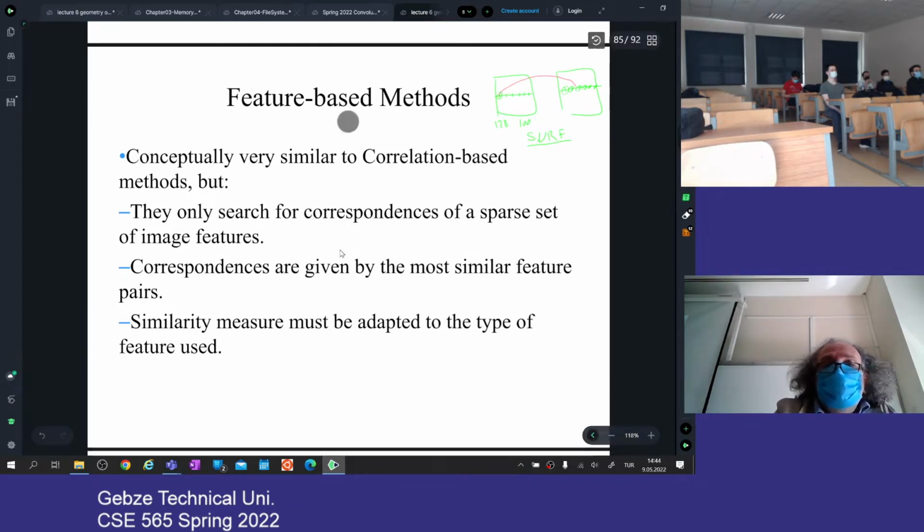So that's the feature-based method. It's not going to produce any dense correspondence, dense disparity map. It's going to produce a sparse disparity map.